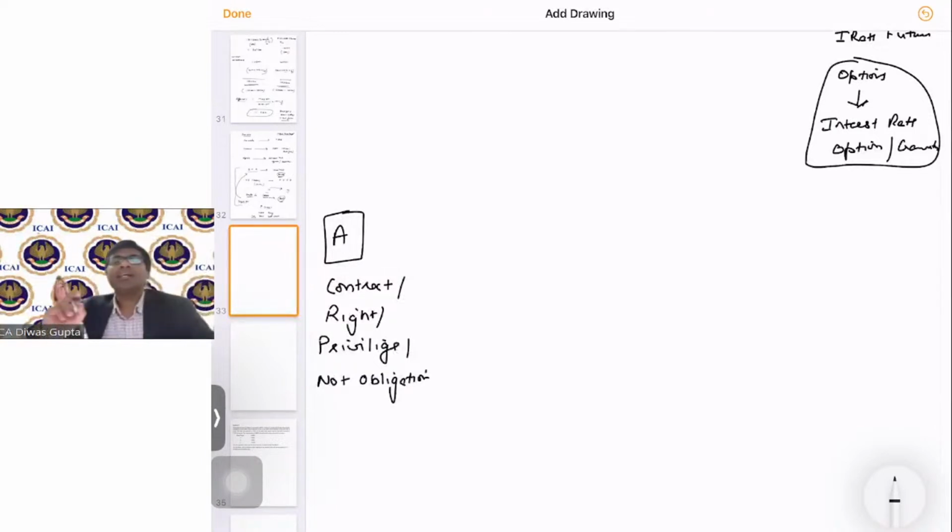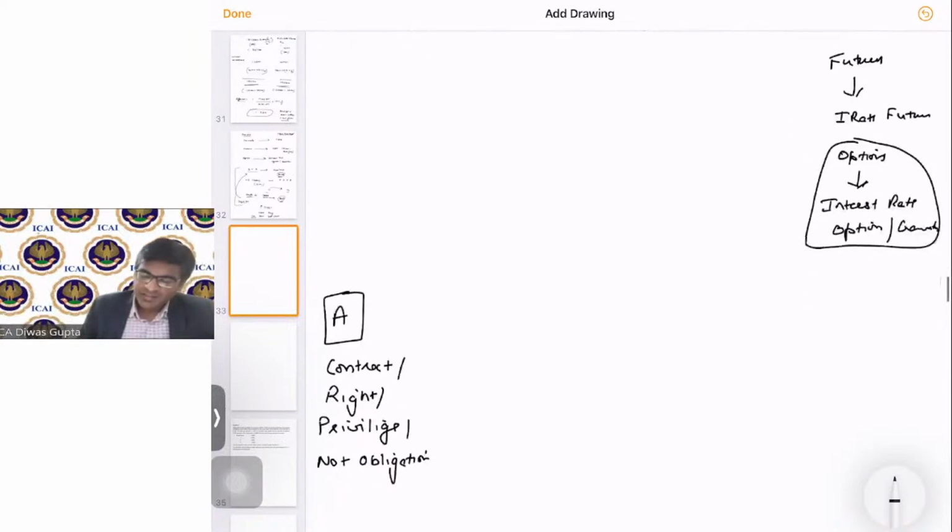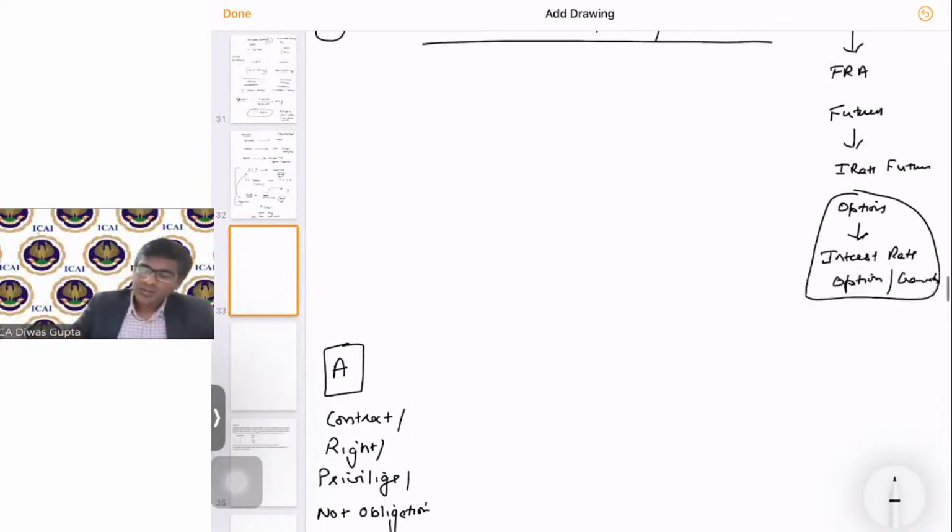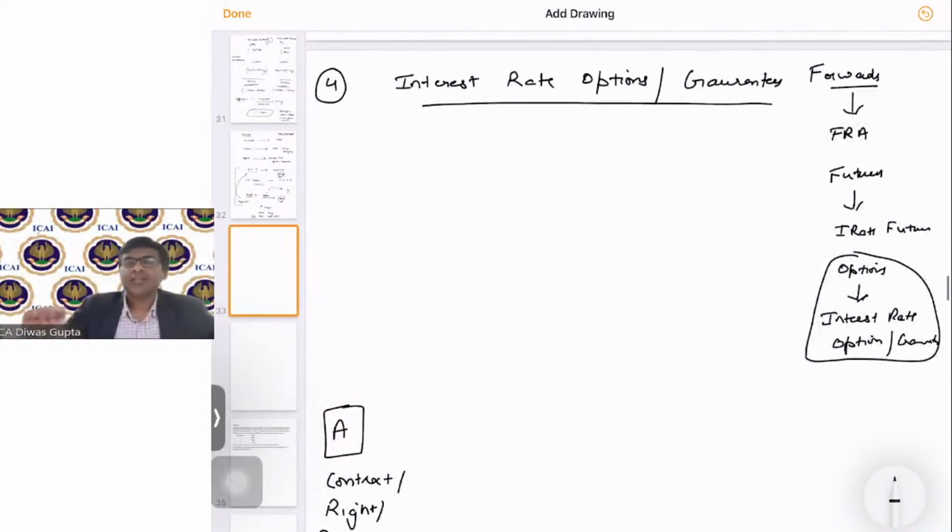The only obligation under this contract is to pay the premium. That's all. There is no other obligation under this contract. The rest are all our rights, whosoever is having this contract. So this A is a contract which has certain rights for us, but no obligations, and that is our subject matter to study in interest rate options.